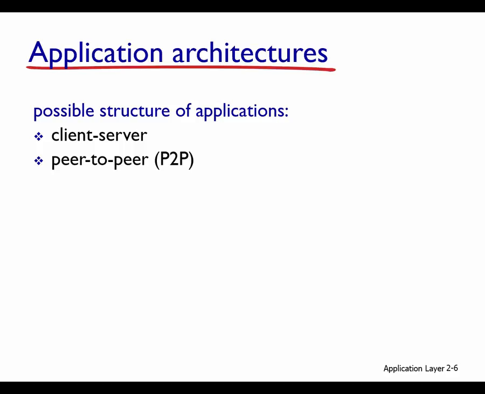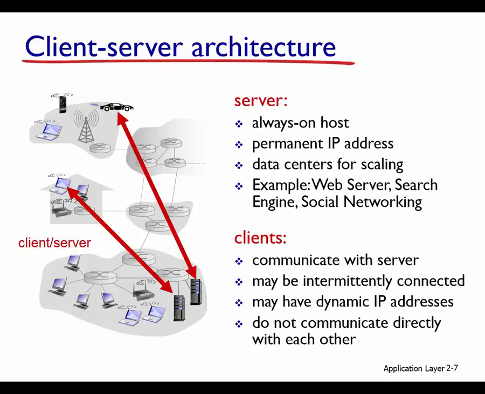So there are basically two main architectures in a network. Usually things are set up in either the client-server or peer-to-peer configuration. I'm going to talk a little bit about the differences.